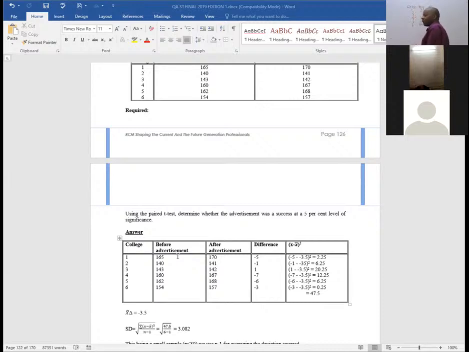That's before advertisement. After advertisement there was some improvement: we have 170, 141, 142, 167, 168, and 157.